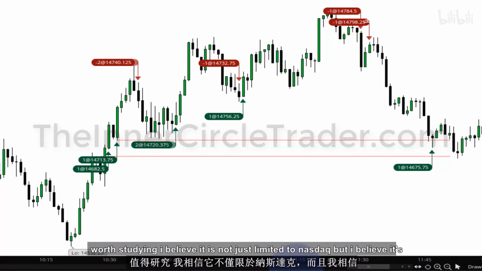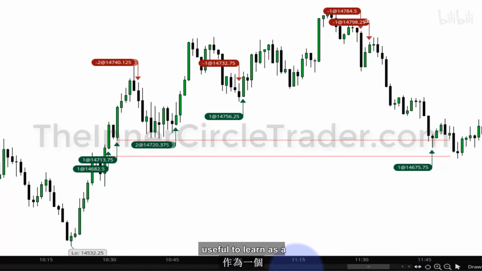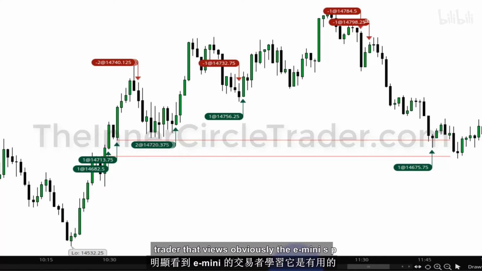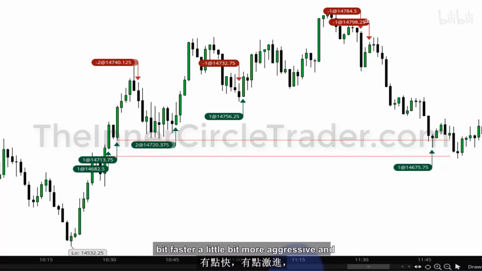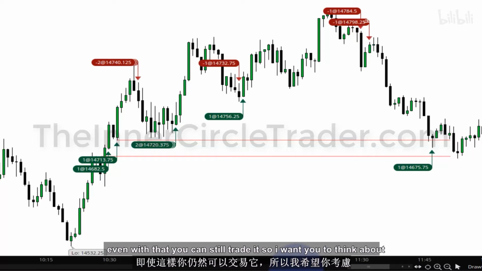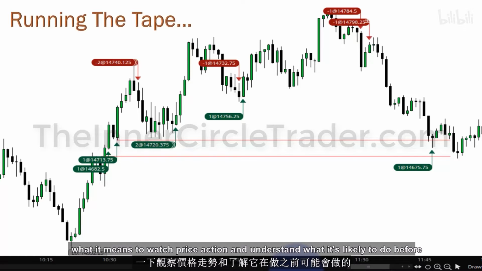I believe it is not just limited to NASDAQ, but it's useful to learn as a trader that views the E-mini S&P, the E-mini Dow future, and the E-mini NASDAQ. Now, E-mini NASDAQ is a little bit faster, a little bit more aggressive, and even with that, you can still trade it. So I want you to think about what it means to watch price action and understand what it's likely to do before it does it.